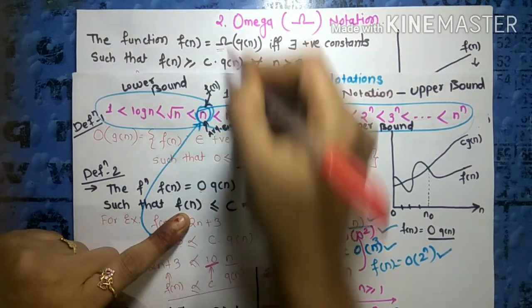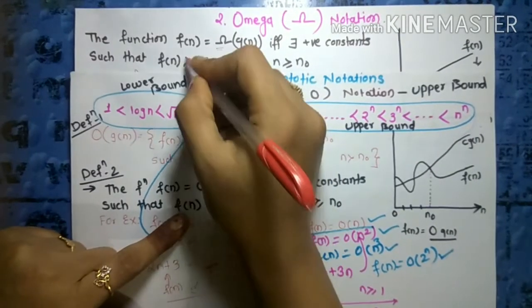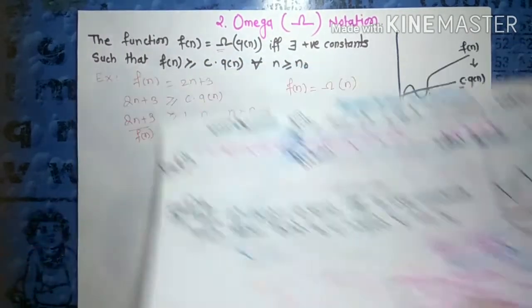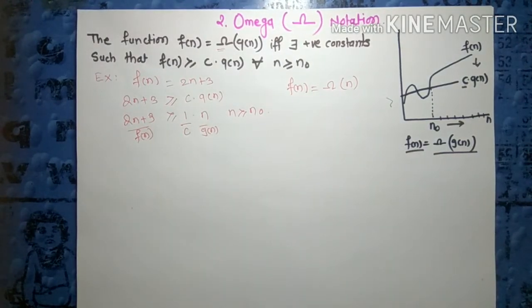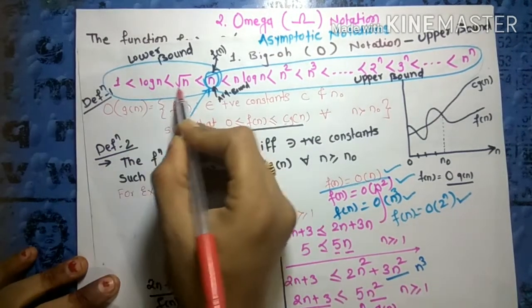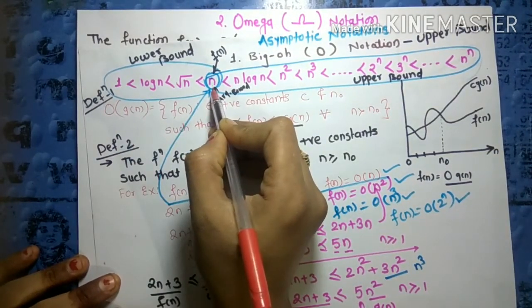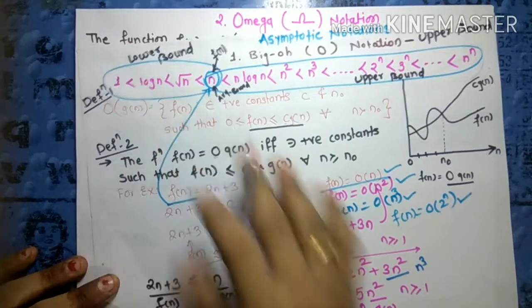Only the sign, greater or less, changes. Other than that, there is no difference between the two notation definitions. Here we have seen the comparison of the classes: if this is the f of n, we have to put one of the time functions here for the lower bound.